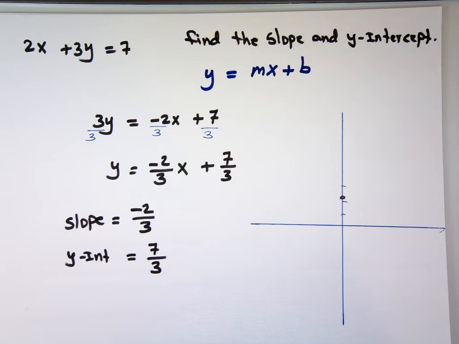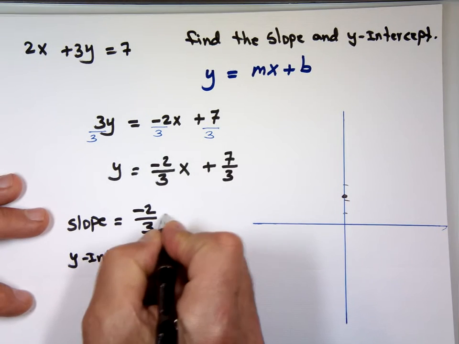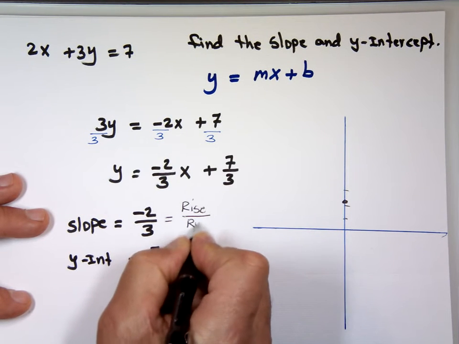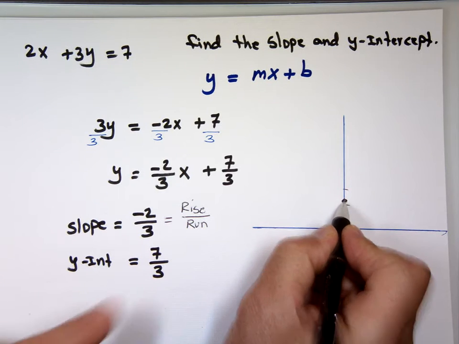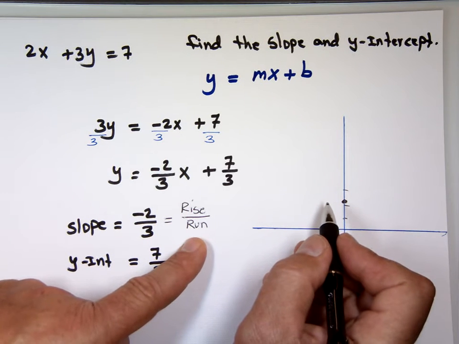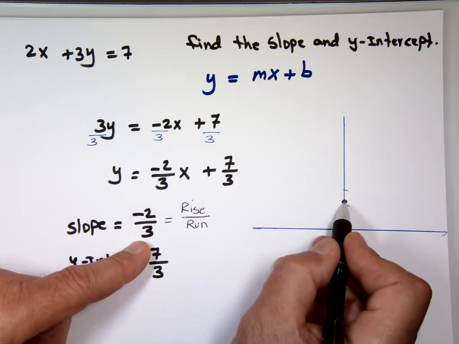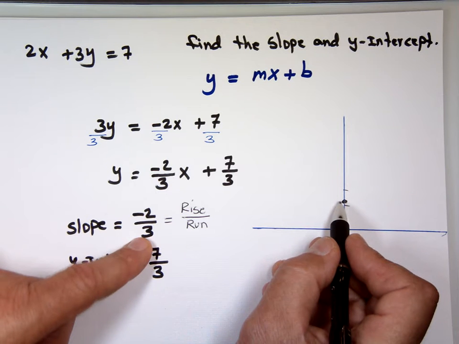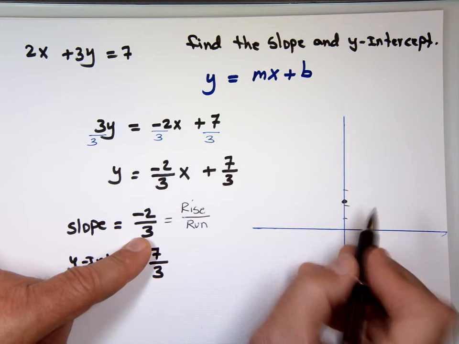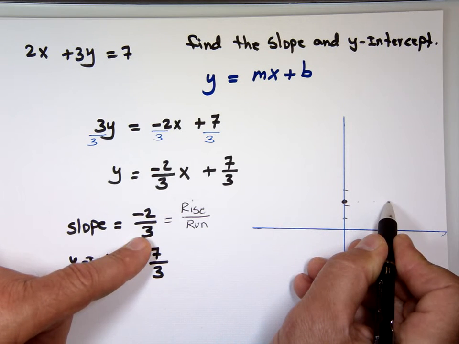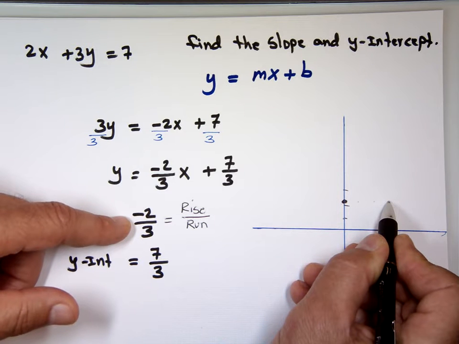Now notice my slope is negative 2 over 3. That's the rise over the run. Let's go from this point. Let's change x by how many units? 3. So do we go right or left? We go right 3 units. 1, 2, 3. And now we're going to change the y value from there by 2 units down.